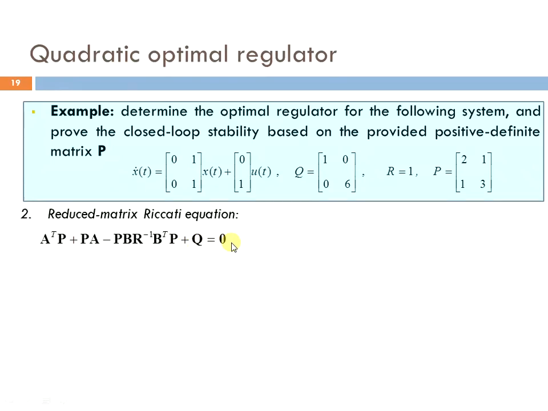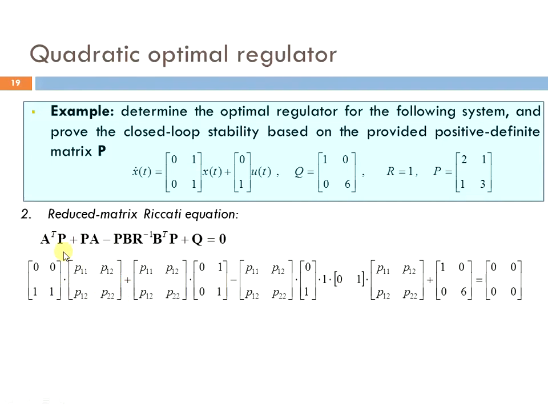In this equation, the only unknown is P, which is what we have to solve for. We've got A, we've got B, we've got R, and we've got Q. So we can substitute all of those into our reduced matrix Riccati equation.